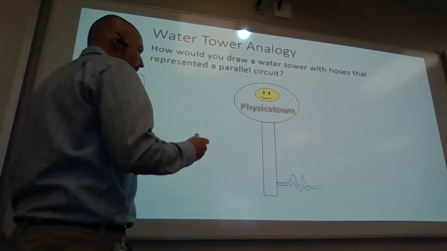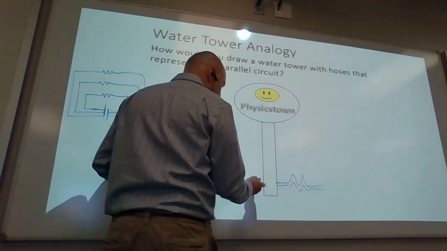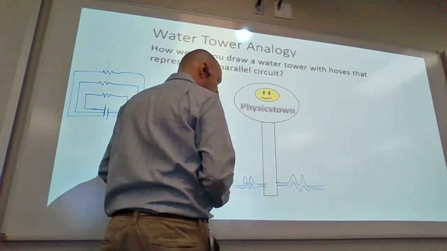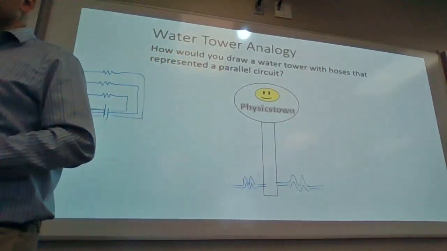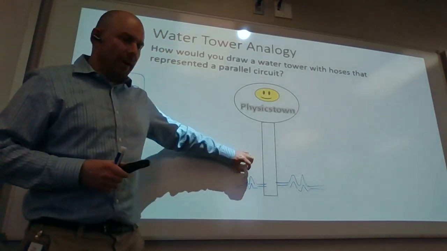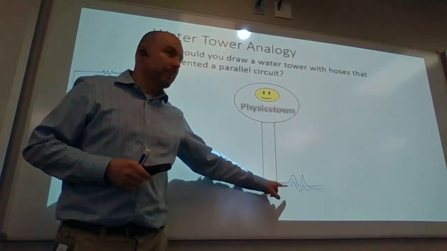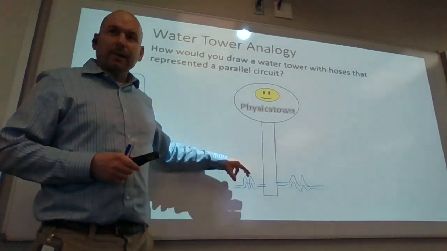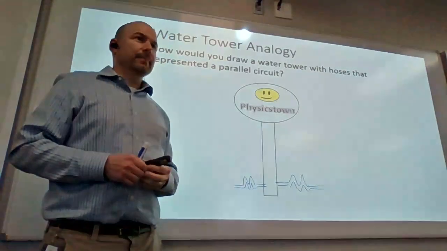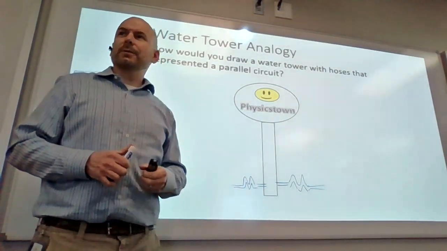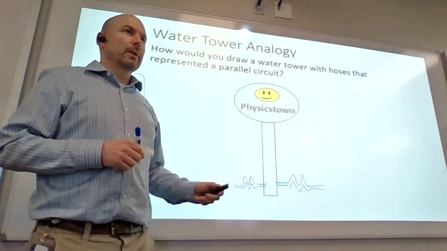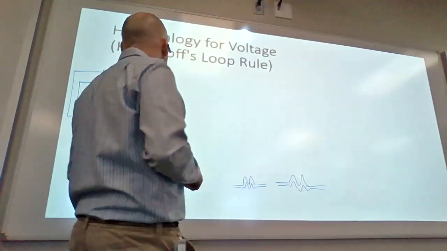Pop another hole in the water tower and add a second hose. If I turn this off, is that going to affect this guy? If I turned it on, is it going to affect this guy? Completely independent. Has the same amount of pressure. Good with that? These two are in parallel with each other.